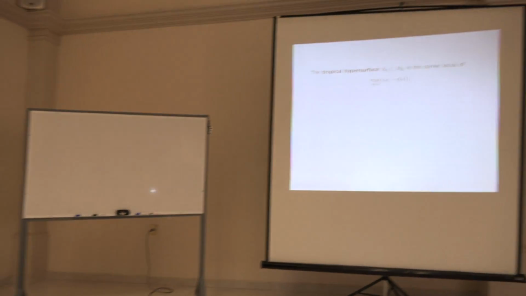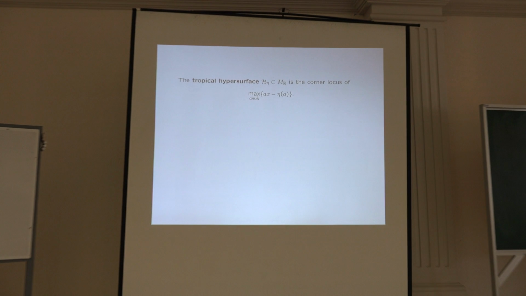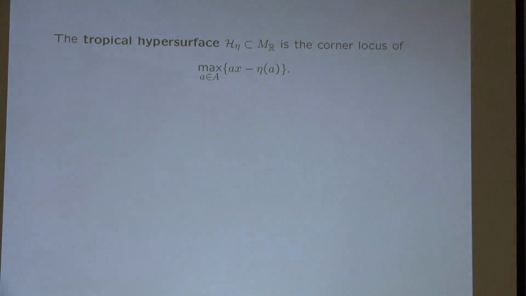Here is the definition. We start, first of all, with a tropical hypersurface. If you just look at your polynomial and write it in a tropical form, where you replace all the pluses by maximums and all the products by pluses, then you get a real piecewise linear convex function.